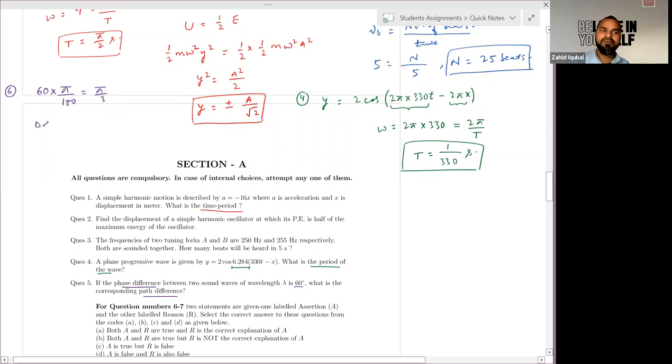According to the formula, phase difference is equal to k times Δx, or simply 2π/λ times Δx. So the phase difference is given as π/3. Just substitute it, π/3 is equal to 2π/λ times Δx. So π and π will cancel out. On solving, you will get Δx is equal to λ/6.